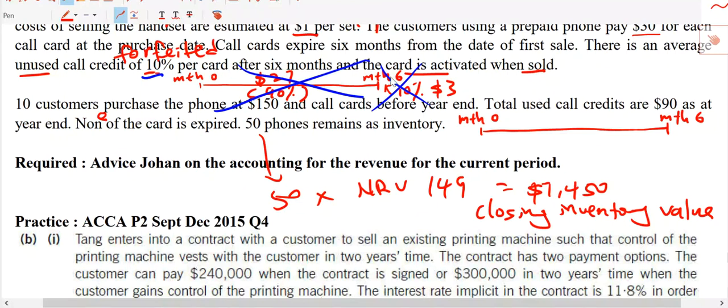What is allowed by the accounting standard is, if you know they're going to use $27 for the first 6 months, and the best estimation of 10% breakage will happen, right? So the 10% is confirmed as revenue already.